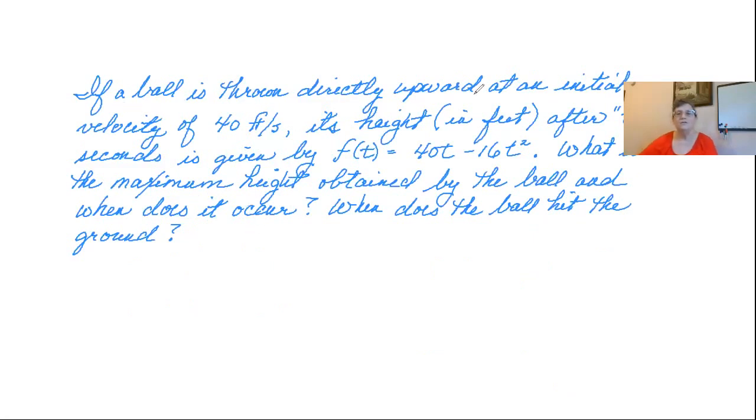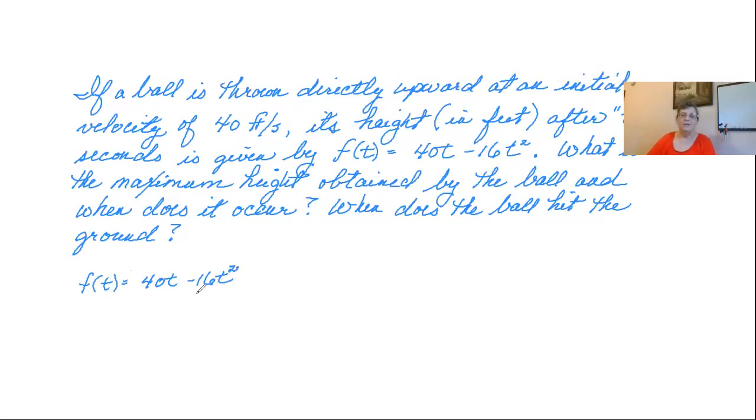If a ball is thrown directly upward at an initial velocity of 40 feet per second, its height in feet after t seconds is given by f of t equals 40t minus 16t squared.